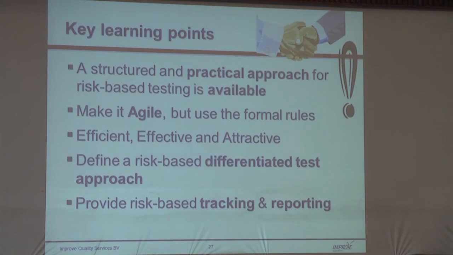Do not stop once you've got your product risk matrix. The product risk matrix is a beginning, not an end. So define, and now comes a difficult word, words, a risk-based differentiated test approach. Wow. What does it mean if something is square 2?